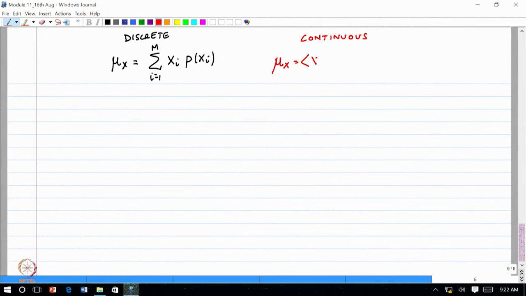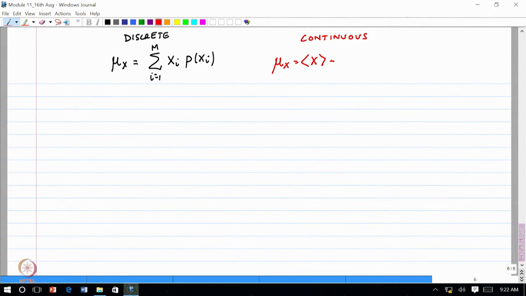Let us take the average value of x, mu of x, which was defined as the sum over i equal to 1 to m of x_i p of x_i. So this is for discrete. Now, for continuous, what is done is you write mu of x, the average value of x.